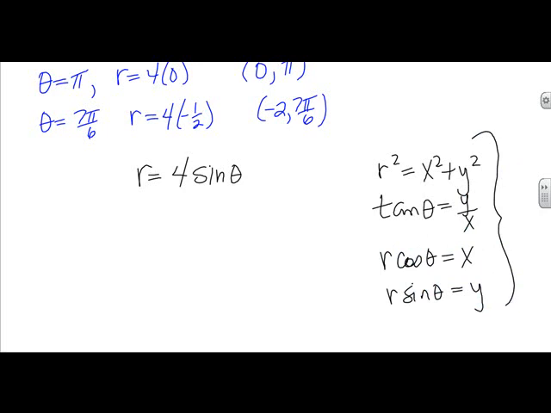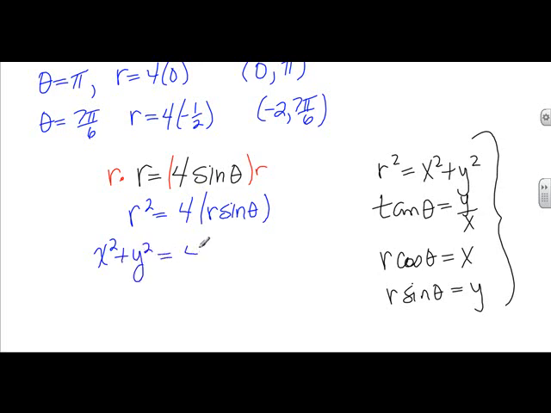So if I'm looking at this equation, I notice that if I multiply both sides of the equation by r, I would have r squared equals 4 times r sine theta. And r squared is x squared plus y squared, so I could make that switch. And r sine theta is y. So now I have changed that into a Cartesian equation.